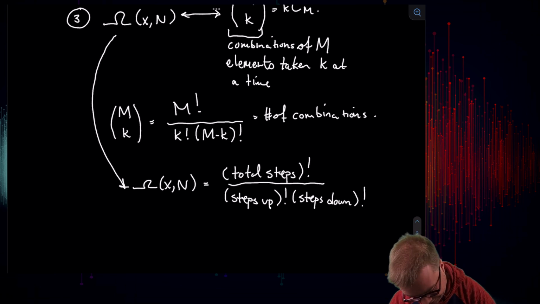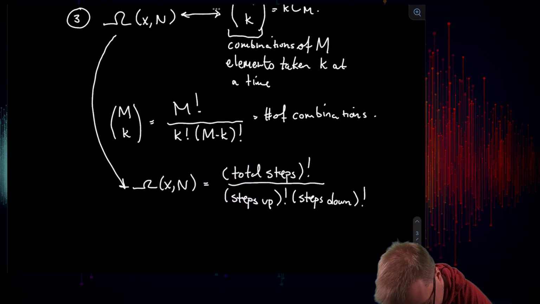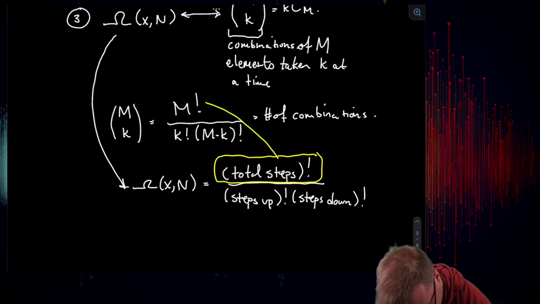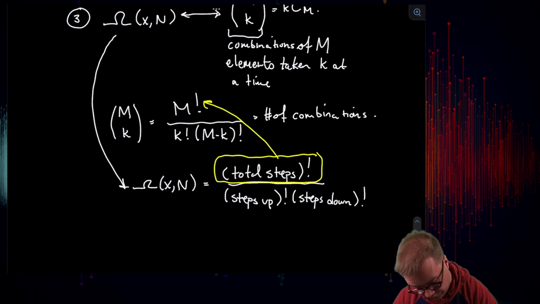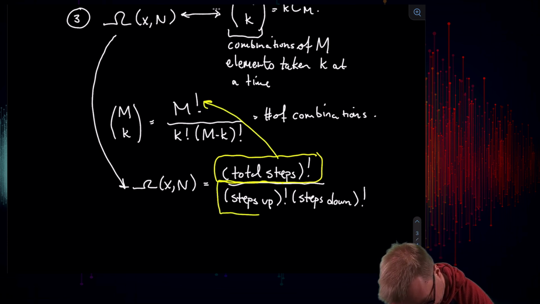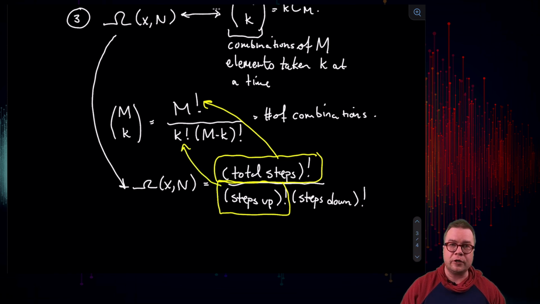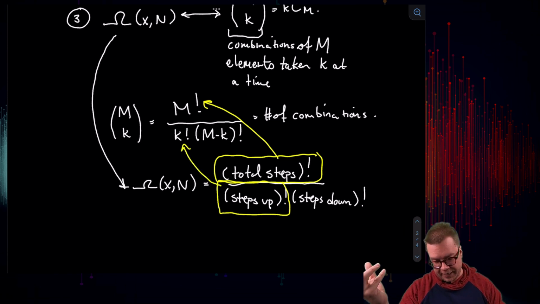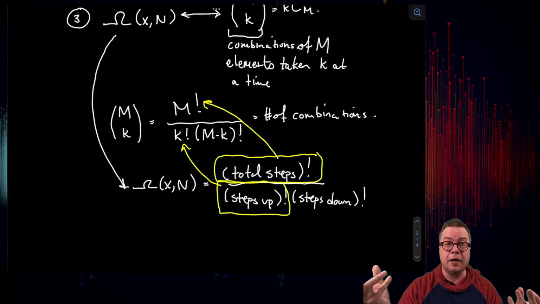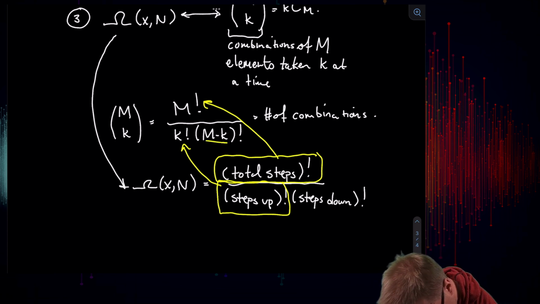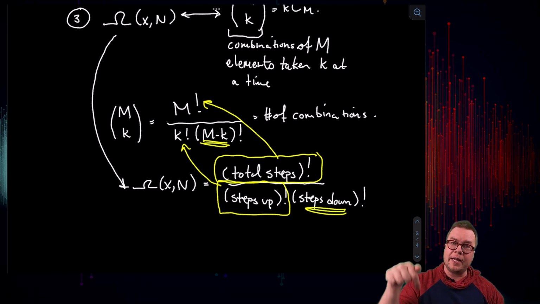And hopefully you can see the connection between something like this and m factorial over k factorial. If you're taking m total steps and you've taken k steps in the up direction, then m minus k should be the number of steps you've taken in the negative direction.